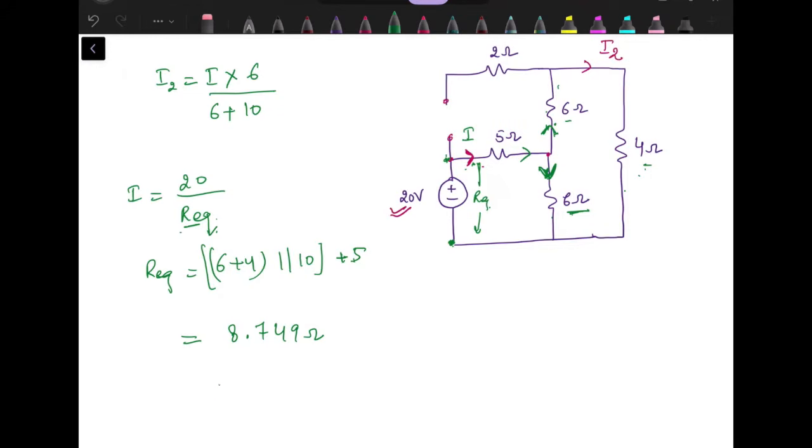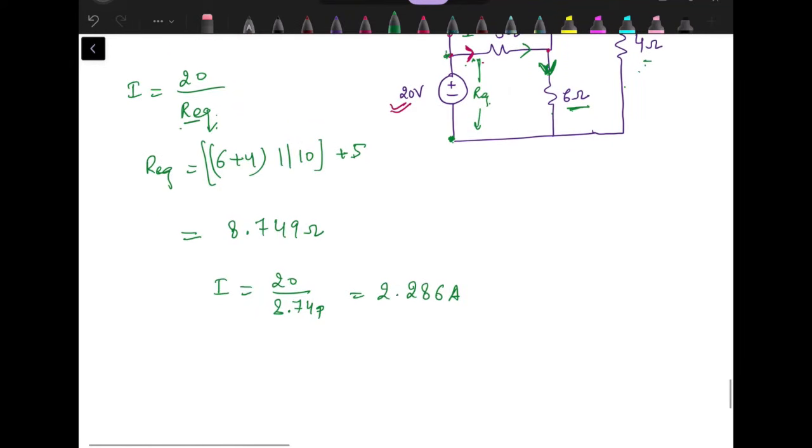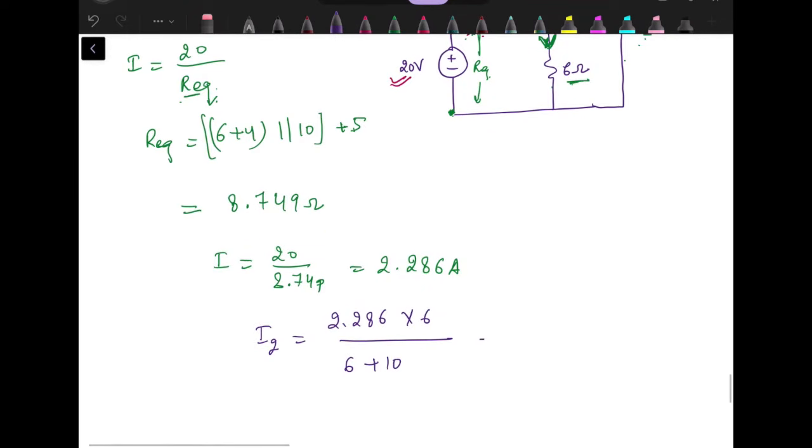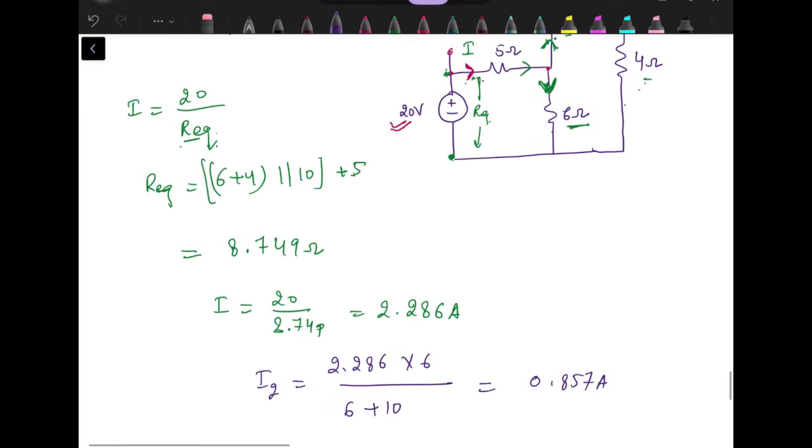So by using this value of R equivalent, I becomes 2.286 amperes. So when I is 2.286, then I2, which is equal to I into 6 divided by 6 plus 10, that is 0.857 ampere. Now that is flowing again in the downward direction.